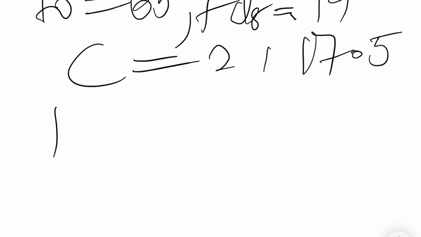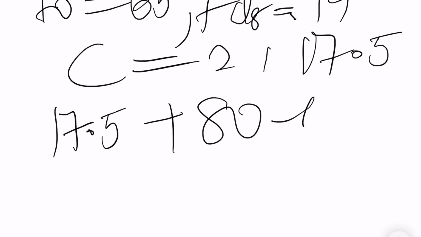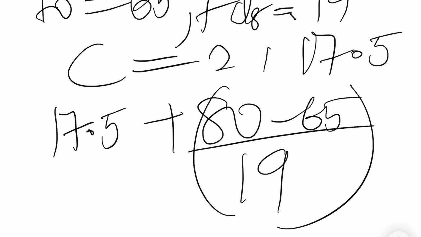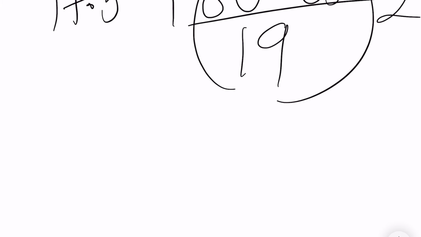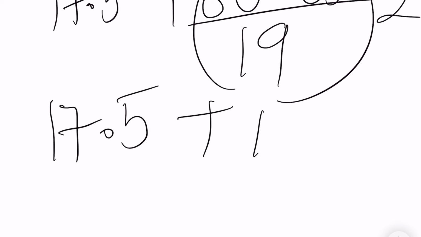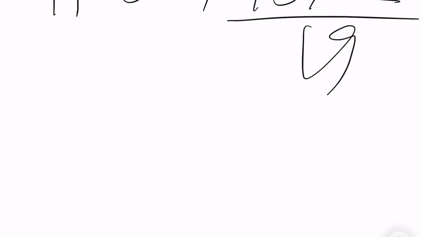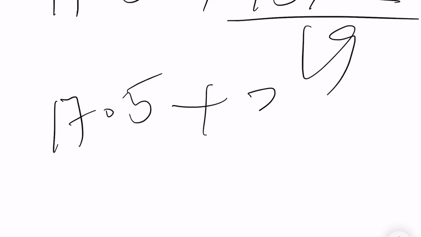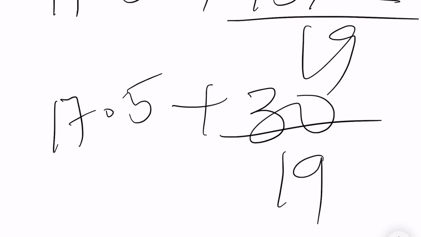So we have 17.5 plus 80 minus 65 over 19 times 2, which is 17.5 plus 15 times 2 over 19, so 17.5 plus 30 over 19.